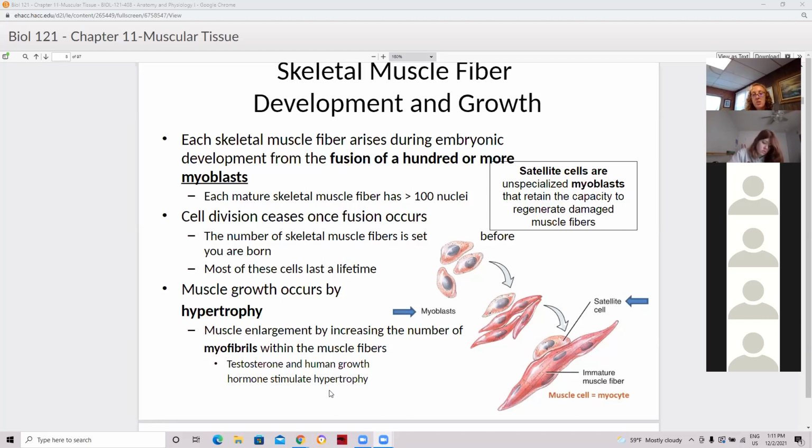So muscles increase in size based on the fact that more myofilaments are being added. Muscles can lose myofilaments and gain myofilaments. If the muscle atrophies, it loses myofibrils. If it increases in size, it hypertrophies.